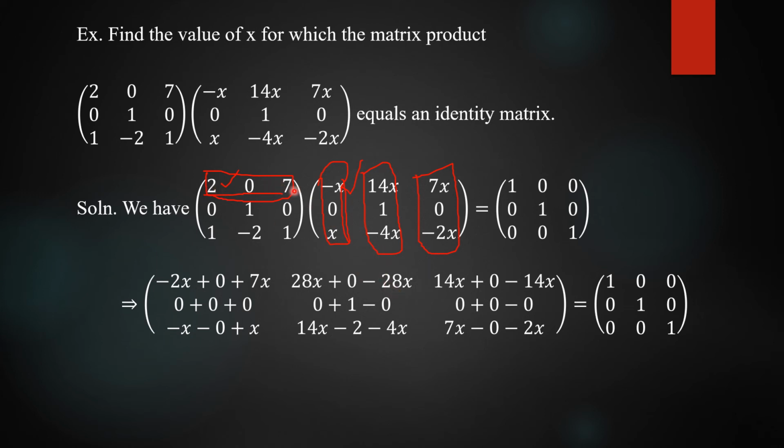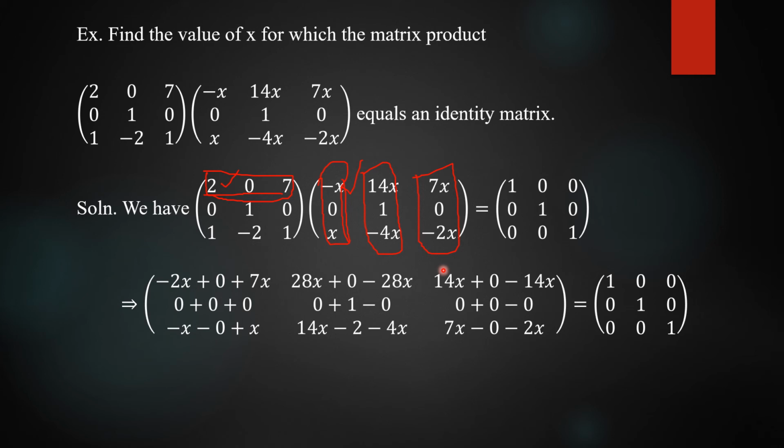Now again back to the first row and this time this column. Same process. It is 2 into 7x is 14x, 0 into 0 is 0, then 7 into minus 2x is minus 14x. So I have completed the product of the first row with these 3 columns.